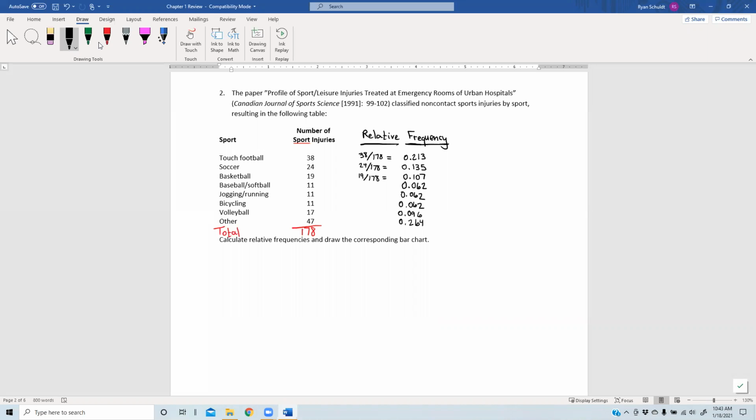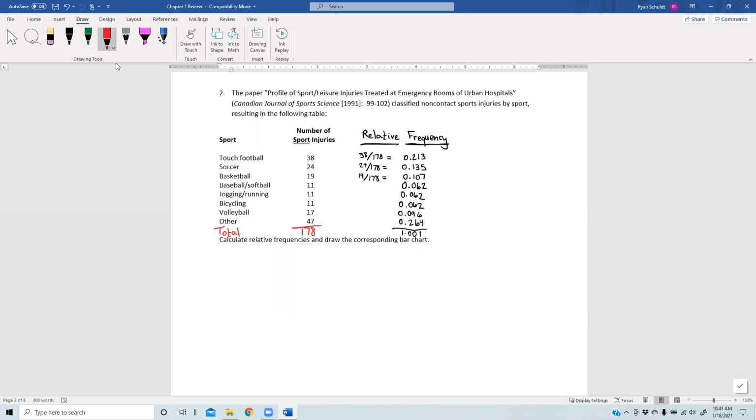And then if you wanted to check to make sure you did this right, you can add them all up. Now, if we go through and add all of these up, we'll actually get 1.001. Now, you may think, uh-oh, I didn't do something right, because I remember he told us relative frequency should add to 1.